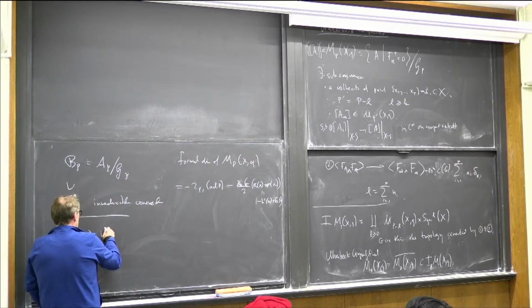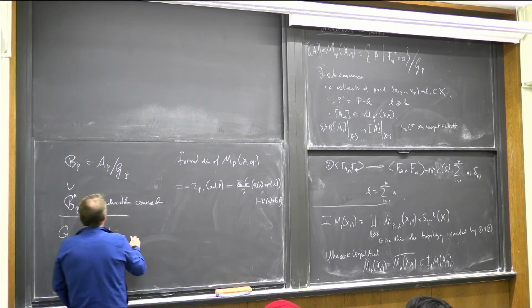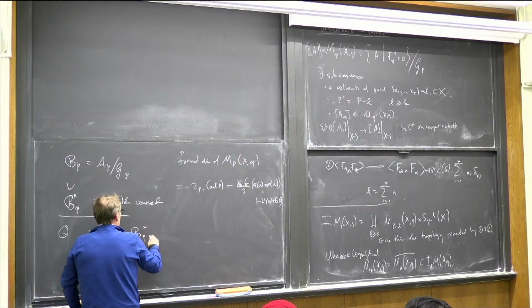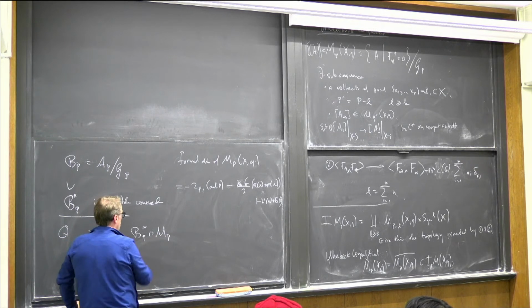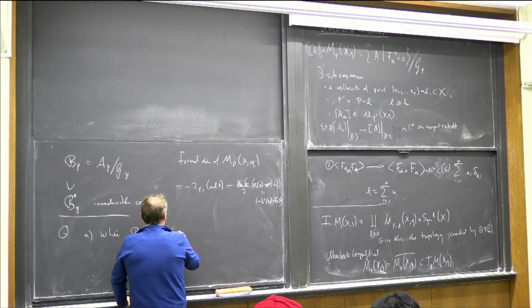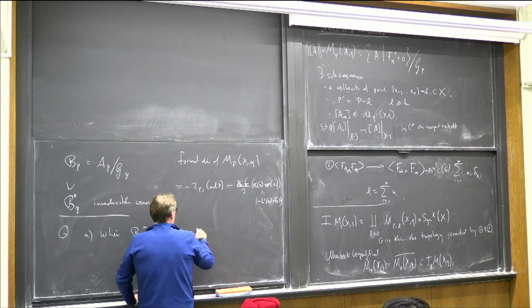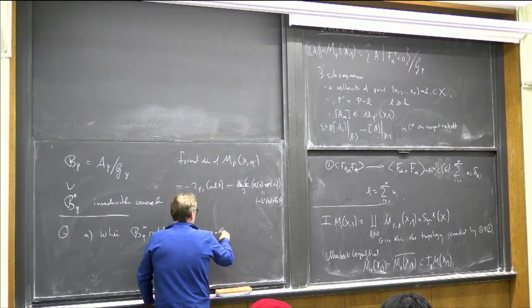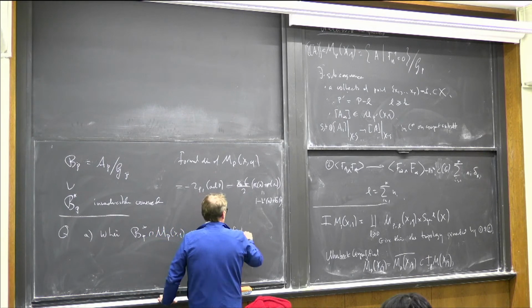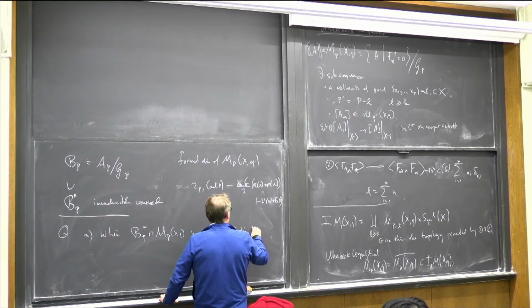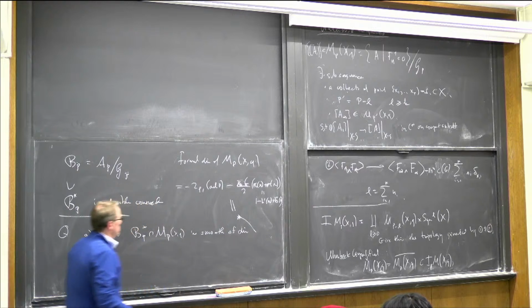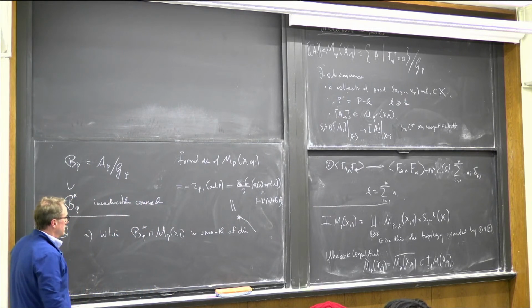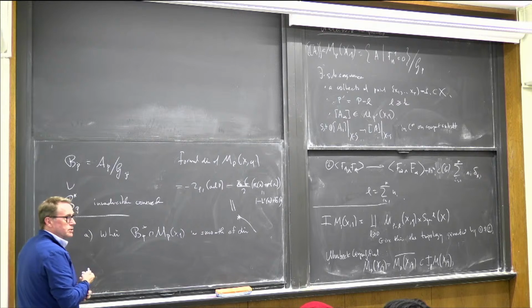A: when is the intersection of the part of the moduli space that consists of irreducible things smooth, and of dimension equal to this formal dimension, what the index would predict the dimension should be?